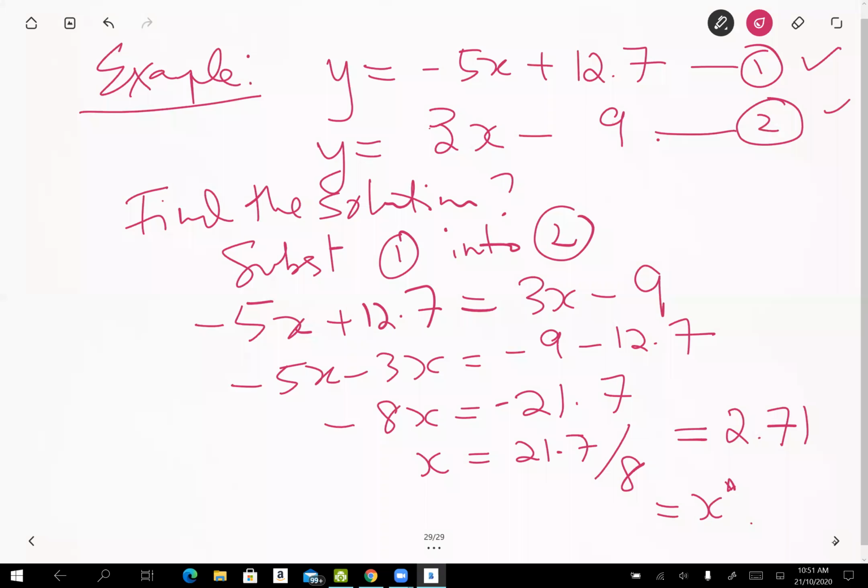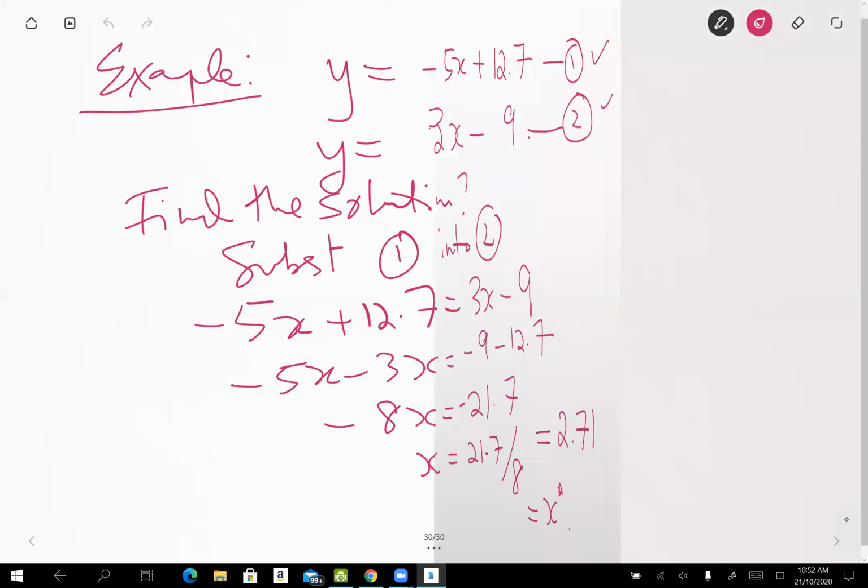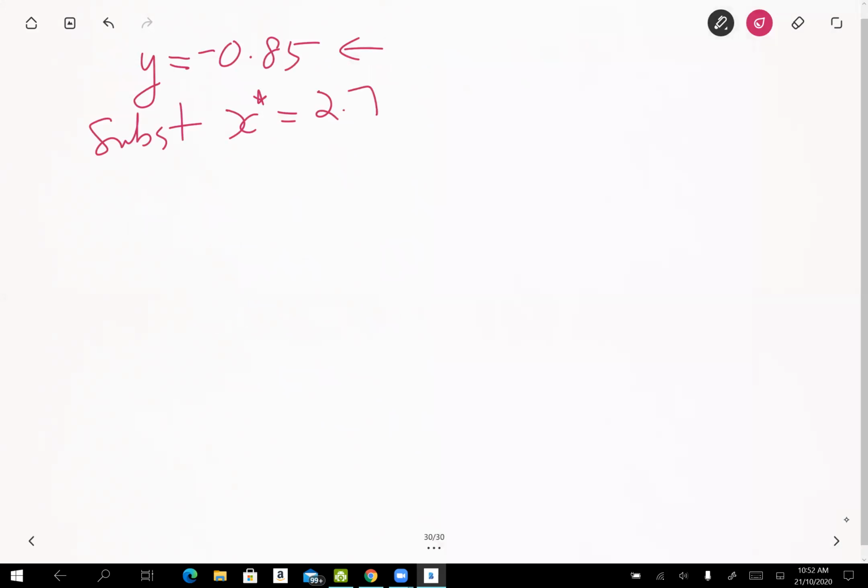Negative 0.85 for equation number 1. So what you do here is substitute x star, which I just write down as the value 2.71, into number 1.